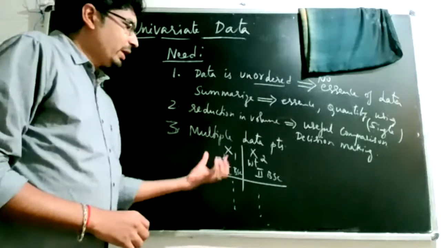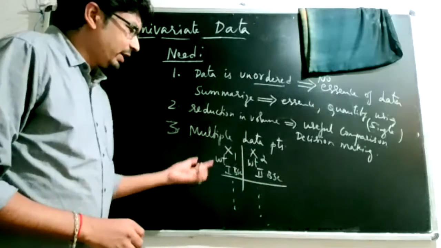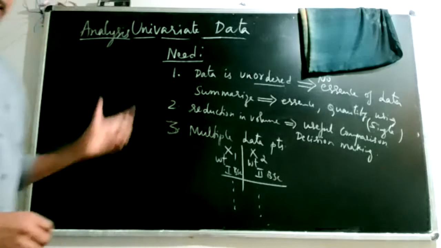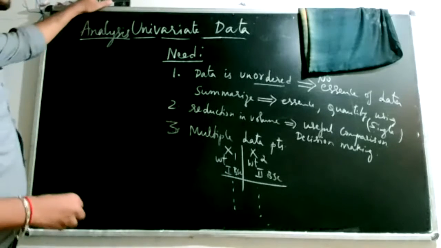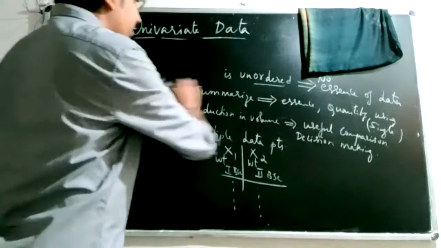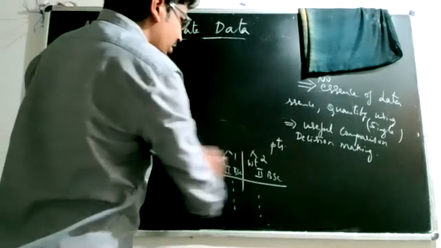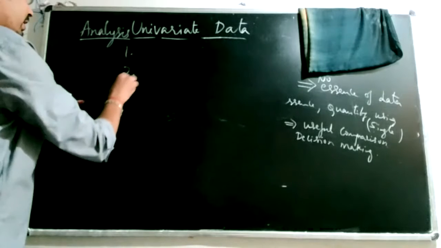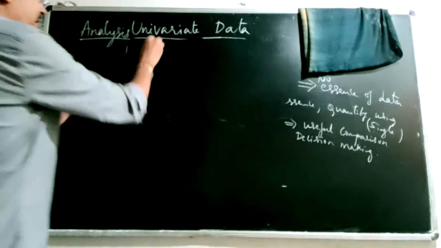So if I want to make use of the data in the best form, then I need to do the analysis. Now here in case of univariate analysis, we try to obtain different measures based on the requirement, and those measures are broadly categorized into four particular groups.